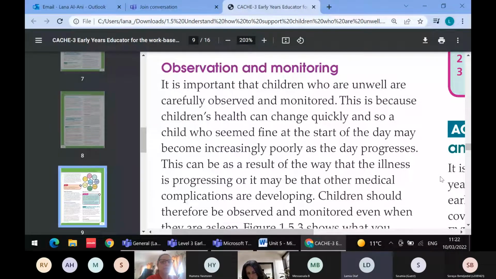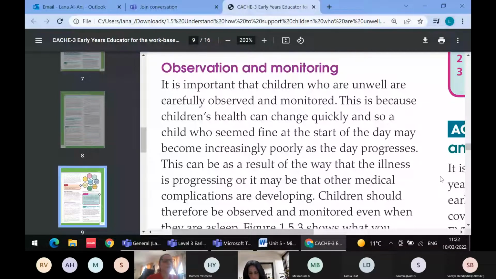We check breathing, the fever, the color of the skin. Why? Because the child changes very quickly. Maybe one moment he's fine, and another moment he's increasingly getting worse, more ill as the day progresses.